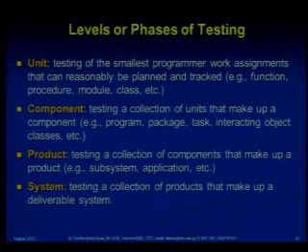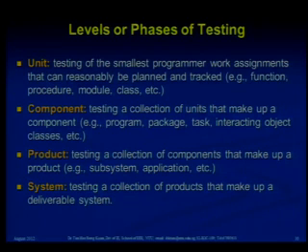Okay, those are units. We combine many related units together to form components. Then we combine a number of related components together to form a product. And you may combine a number of products together to form a system.